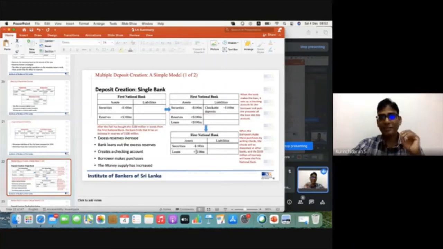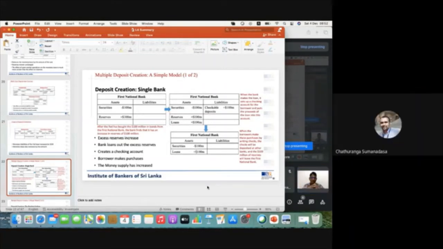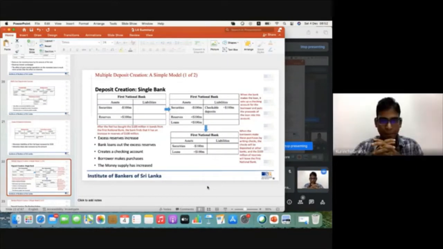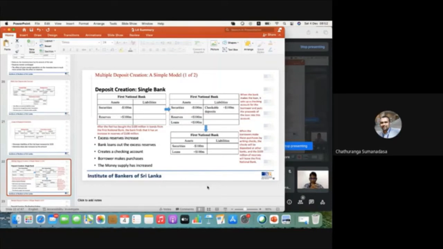Is that clear? It's clear, sir. I got a question, but anyway, it was explained later. Ideally, when a loan is given to a customer, somebody borrows from a bank, normally the first entry will be a loan account debit, and if the money goes to a checkable account, it will be deposited in the account.